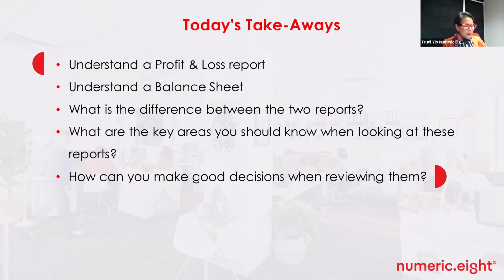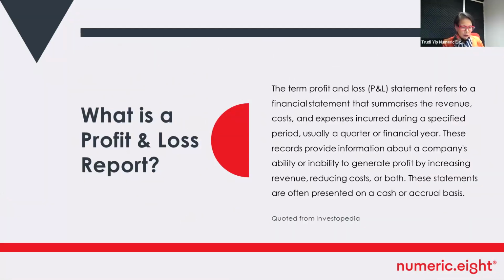But let's just define these two reports. I've taken this from Investopedia. So what is a profit and loss? The term profit and loss statement refers to a financial statement that summarizes the revenue, the costs and expenses incurred during a specific period, usually a quarter or financial year.